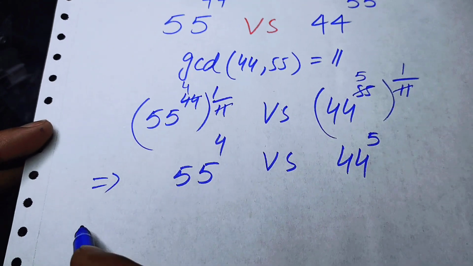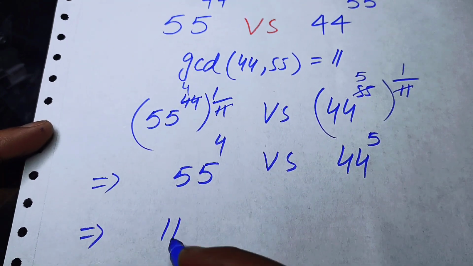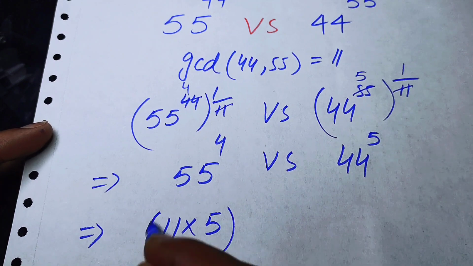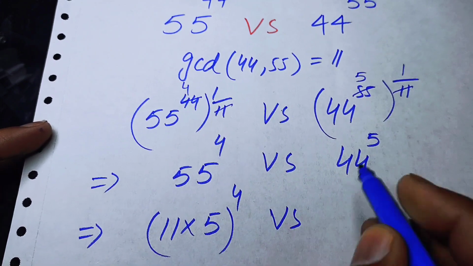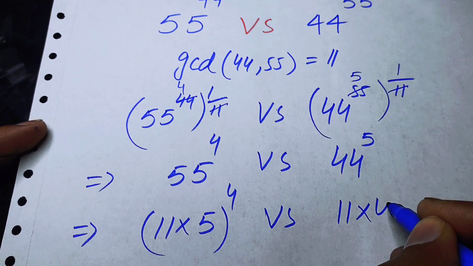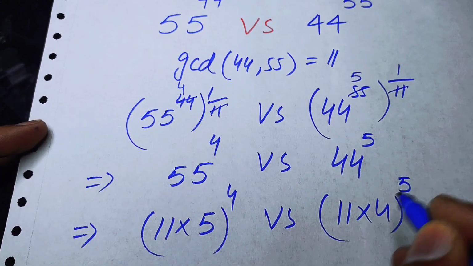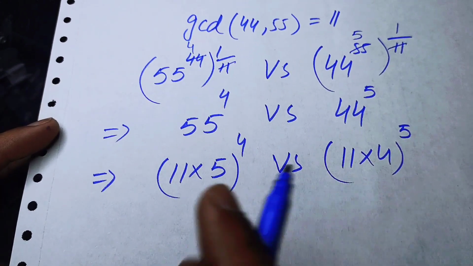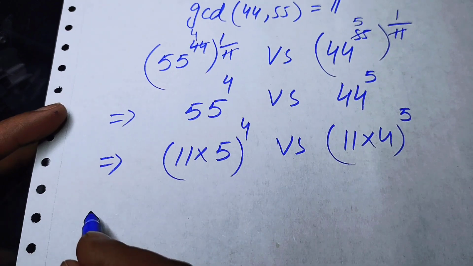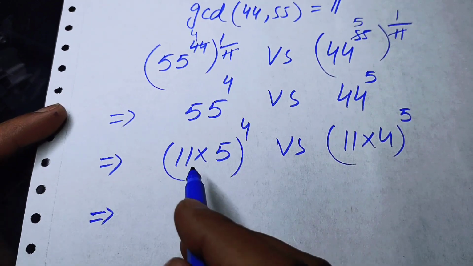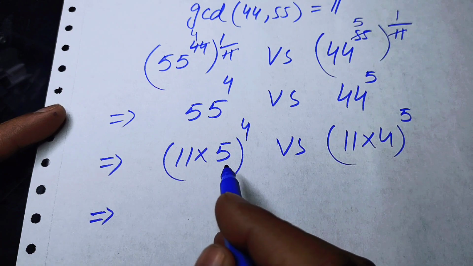After that we can write 55 as 11 multiplied by 5, to the power of 4, versus 11 multiplied by 4, to the power of 5. After this step we can break the exponent and write the exponent on separate terms.